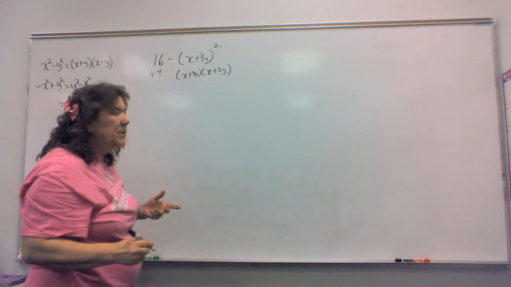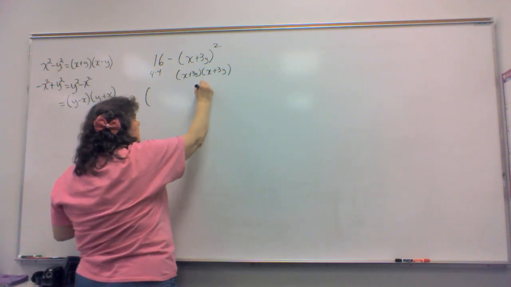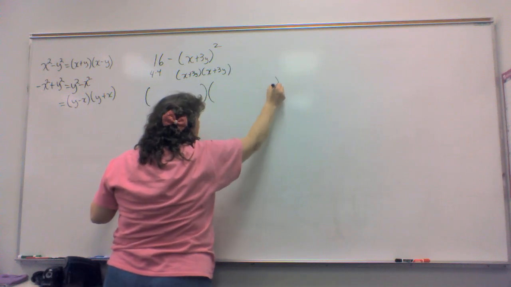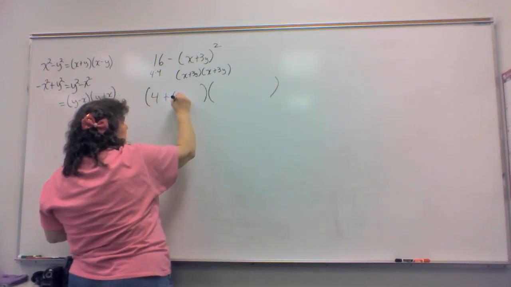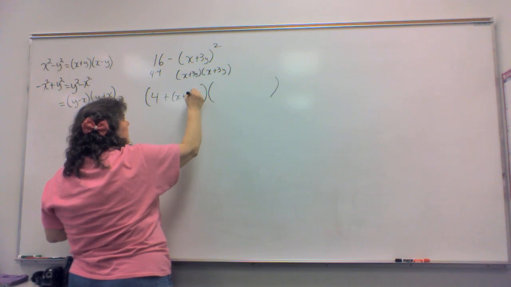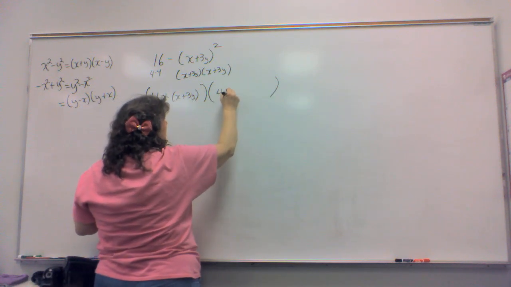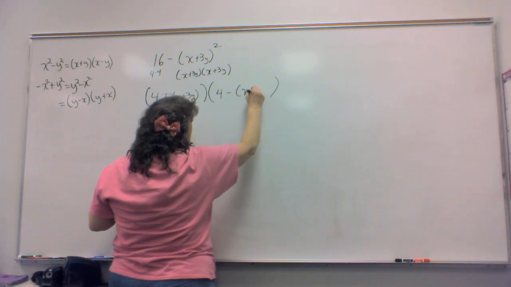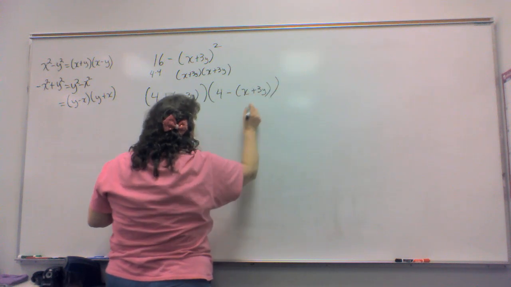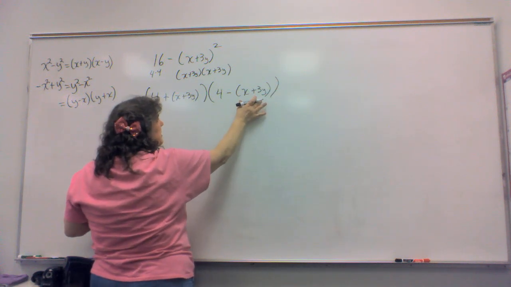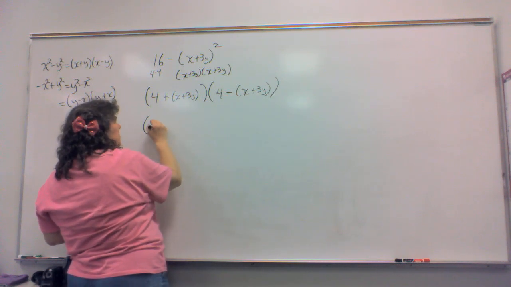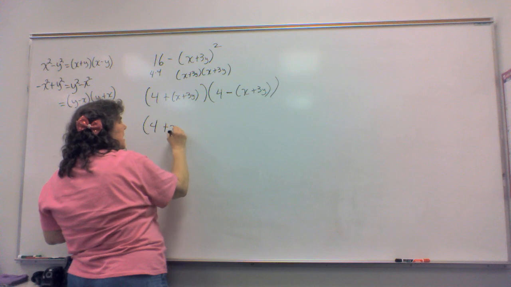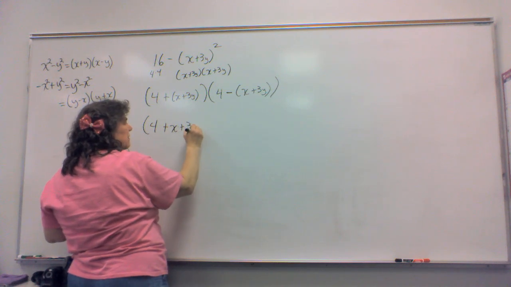So what's going to happen? Your first factor and your second factor: 4 plus (x plus 3y), and then 4 minus (x plus 3y). And notice I keep this in parentheses because of this minus here. This one will simplify to simply 4 plus x plus 3y.